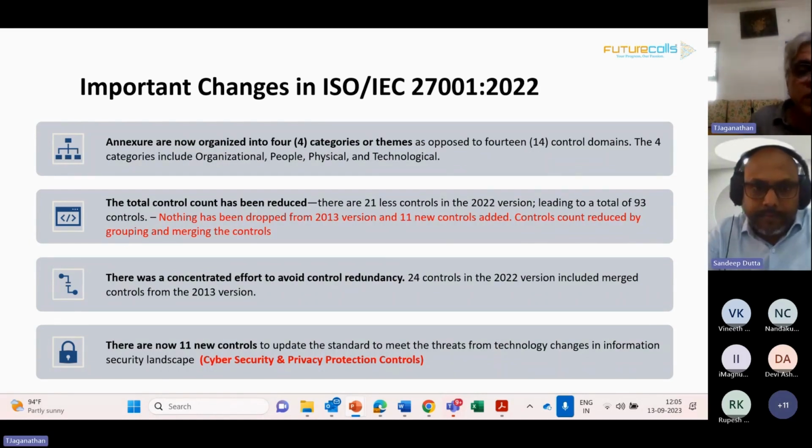The number is lower by merging, because earlier multiple controls referred to the same objective. So they have rationalized it, combined the controls and made them a single control. That way they have reduced the number. There was a concentrated effort to avoid control redundancy. 24 controls in the 2022 version included merged controls from 2013. Redundancy in multiple domains used to be there. They have rationalized it.